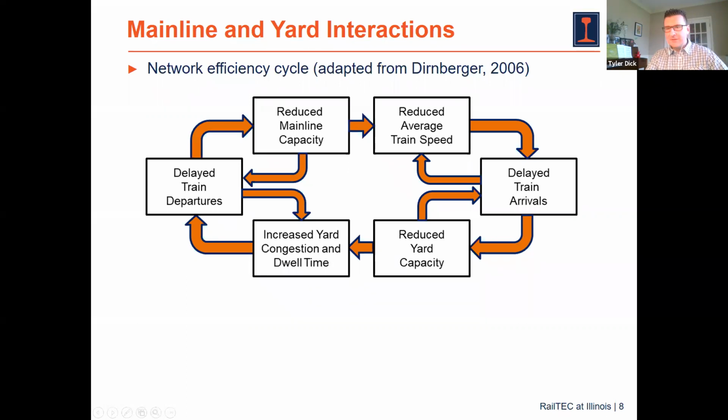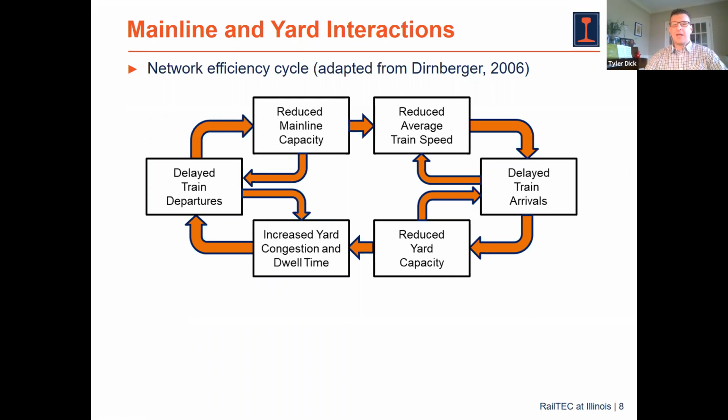If the main line fills up, another terminal upstream may have to further delay its train departures, which creates further congestion in the yard. So you have this feedback cycle moving along inside the loop as well. Dernberger proposed this network efficiency cycle as a way to connect the operations of the main line to the operation of the classification yards that serve as the major nodes in the network.